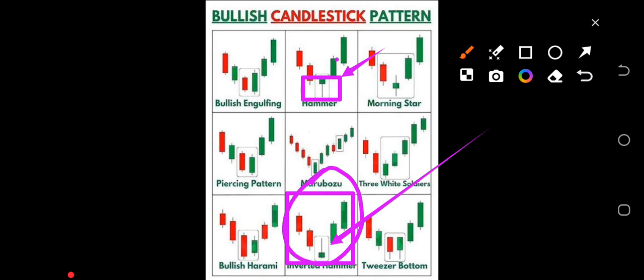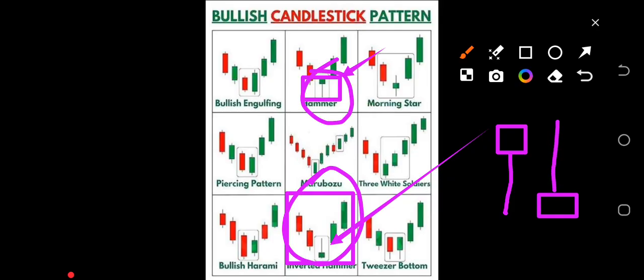So this is a hammer, while this is an inverted hammer, upside down.